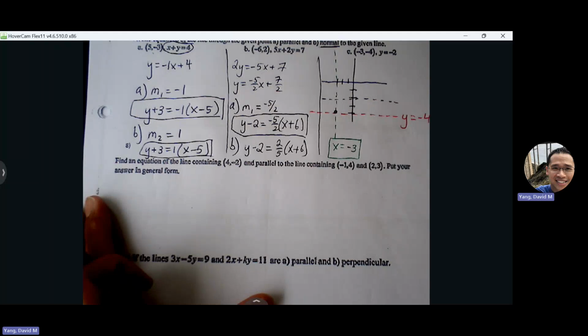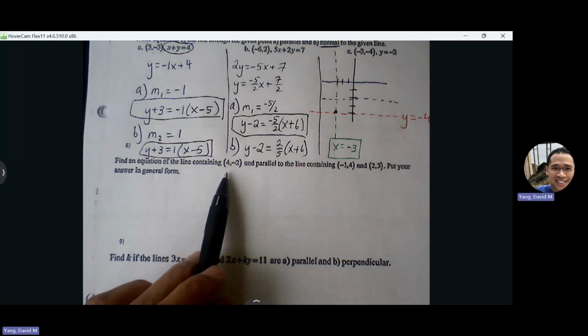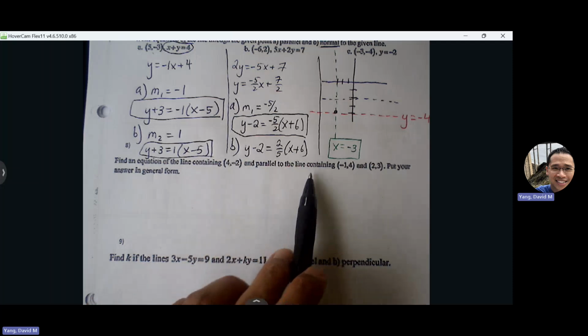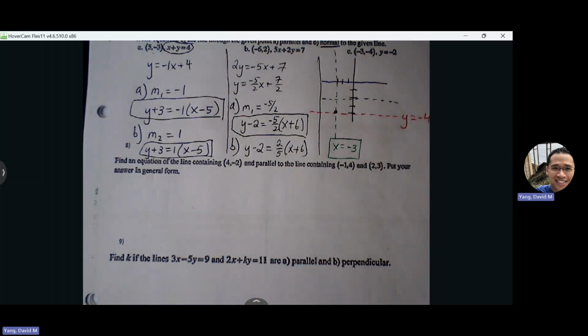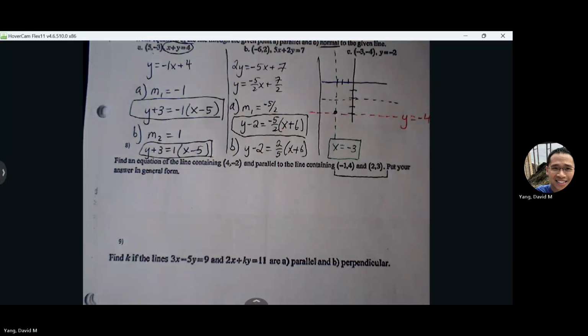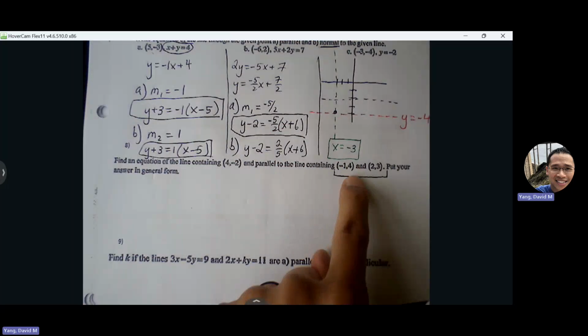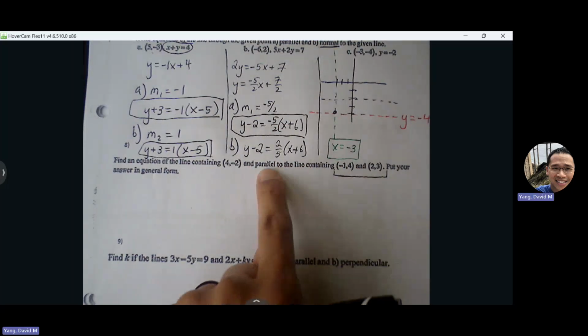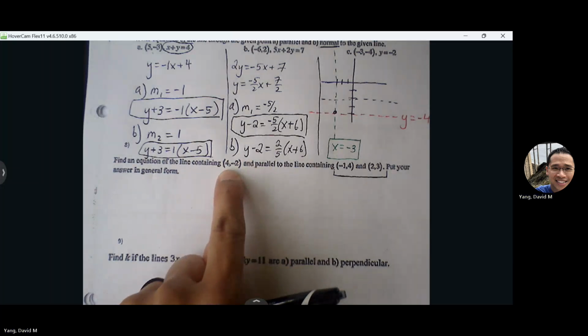Number 8. Find the equation of the line containing (4, -2) and parallel to the line containing (-4, 1) and (2, 3). So let's find the slope. Once we find the slope, we're going to keep that slope and then put it in point-slope form with the point (4, -2).